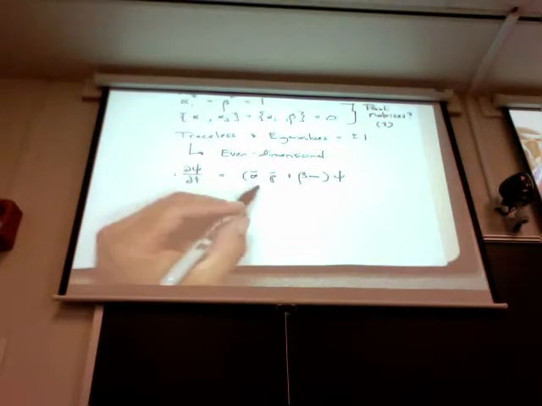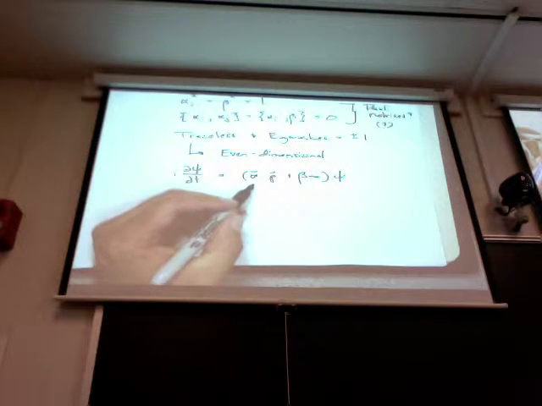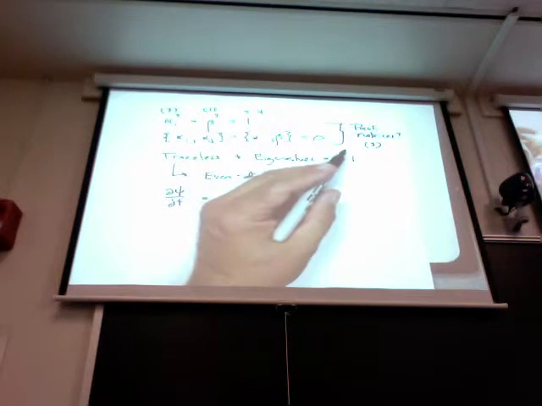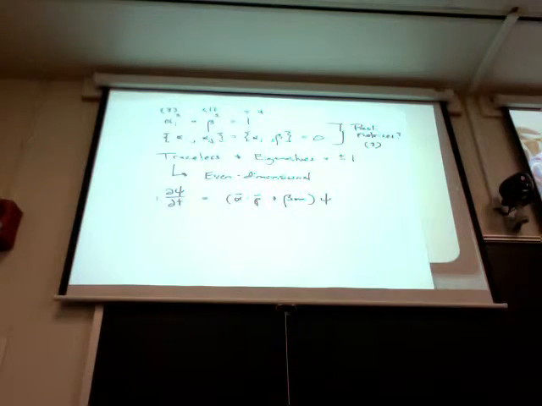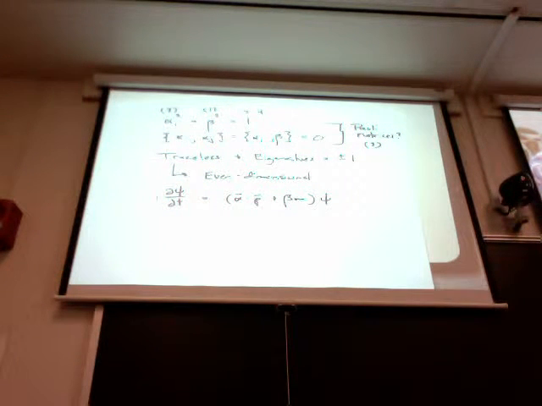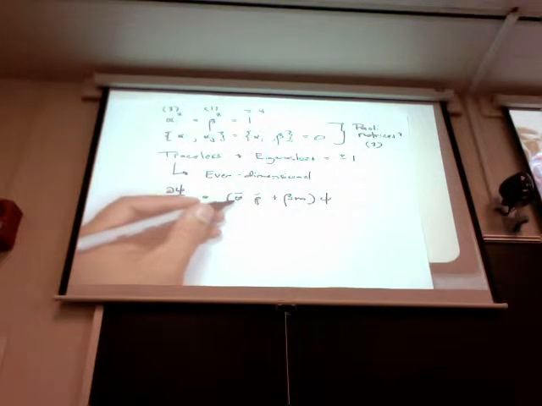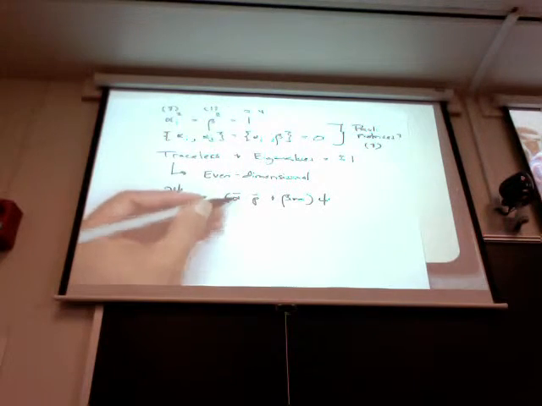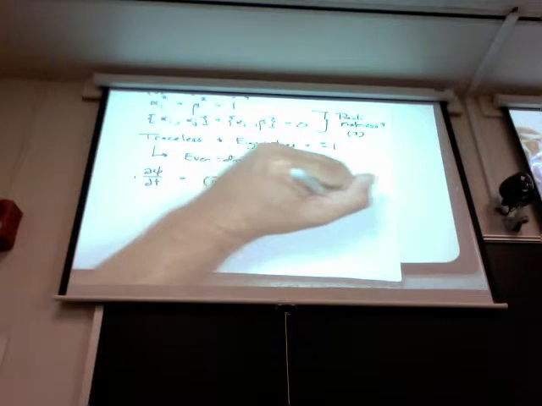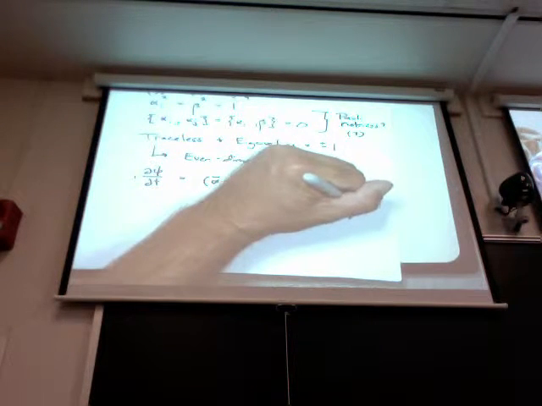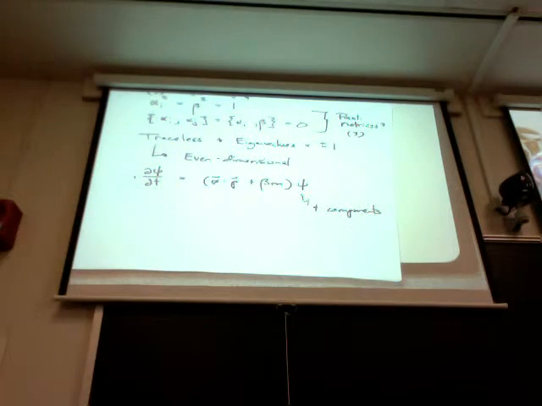What that's telling you is you have to go beyond n equals 2. You have to go to the next simplest case, which is n equals 4. So you're looking at 4 by 4 matrices, and that means that this guy has to have 4 components.